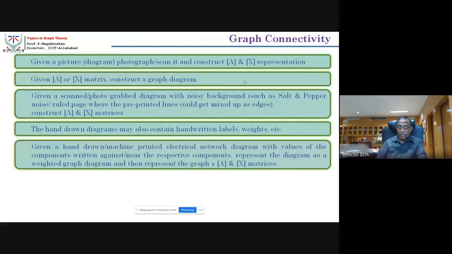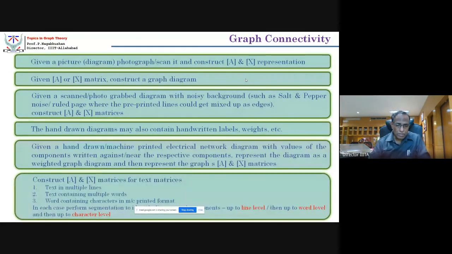Represent the diagram as a weighted graph diagram and then represent the graph as an E or X matrix. Okay. All right. I think they have not done it. All right, you just check. Now, this is construct an A or X matrix for the following text.